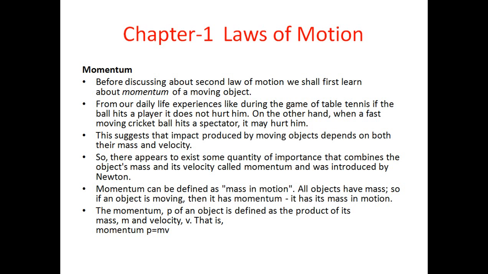Why does this happen? Because we all know that the mass of the tennis ball is lighter than the mass of the cricket ball. So this suggests that the impact produced by a moving object depends on both its mass and its velocity. So there appears to exist some quantity of importance that combines the object's mass and its velocity, called momentum.